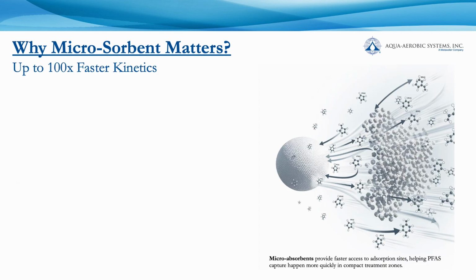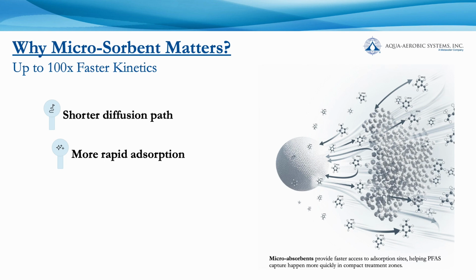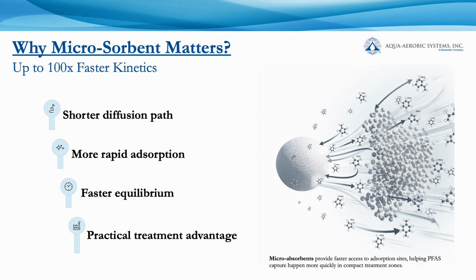So why does it matter? That microabsorbent shortens diffusion pathways and makes the rapid absorption occur very quickly, less than a minute. You reach equilibrium very quickly, and you get other advantages in terms of removal of other contaminants.